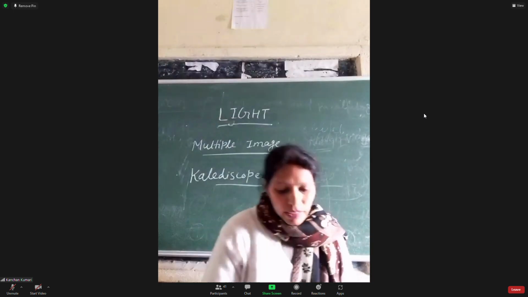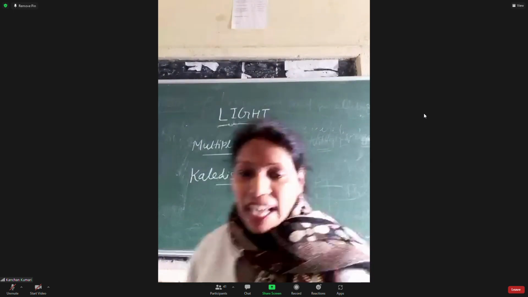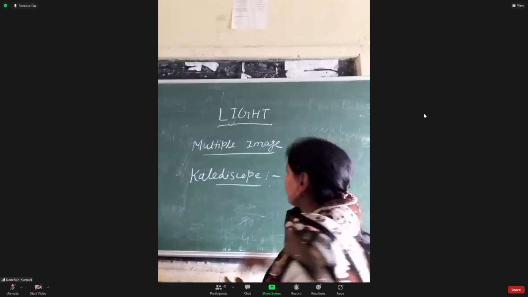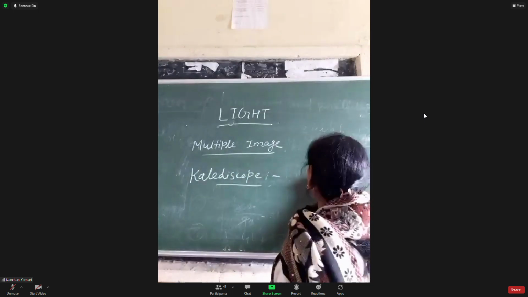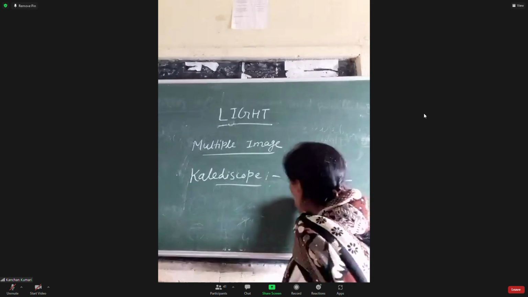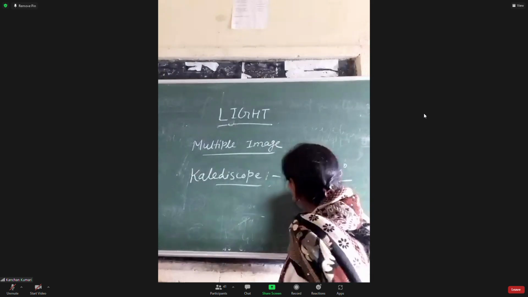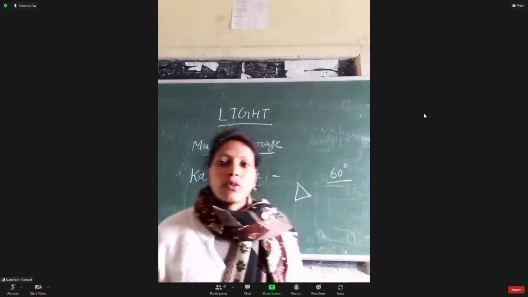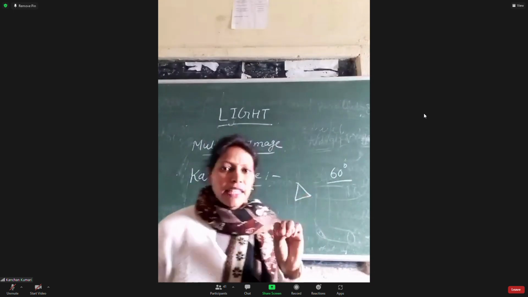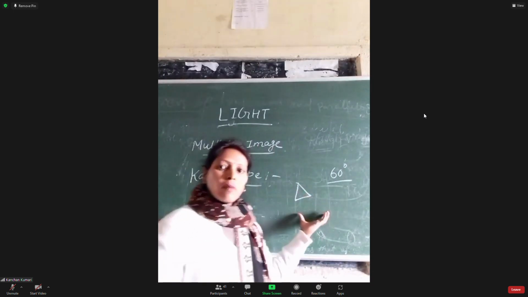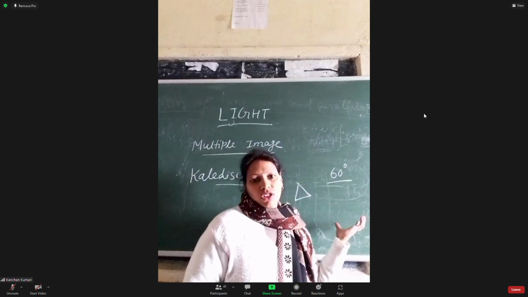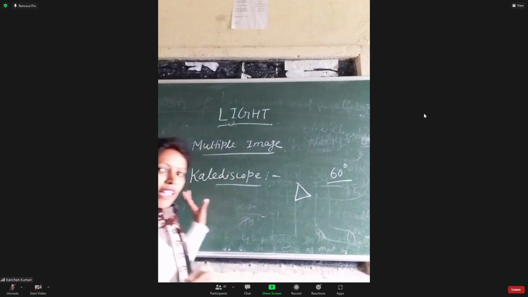It is an instrument containing inclined plane mirrors at an angle of 60 degrees, forming the structure of a prism. Three plane mirrors are inclined like this, thus they form a prism-like structure.